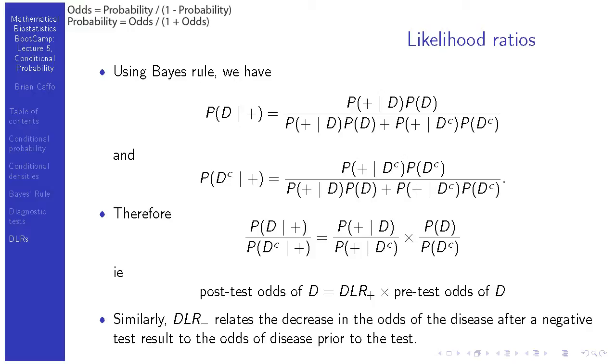You start out with an a priori weighting of a set of hypotheses. In this case, it's a hypothesis and its complement. And you collect data, and that data informs your belief. And then now you have a post-test odds of disease.